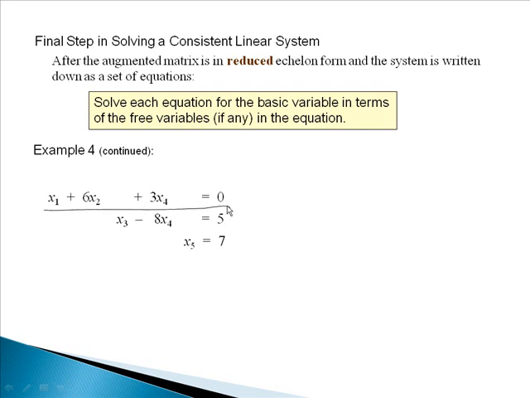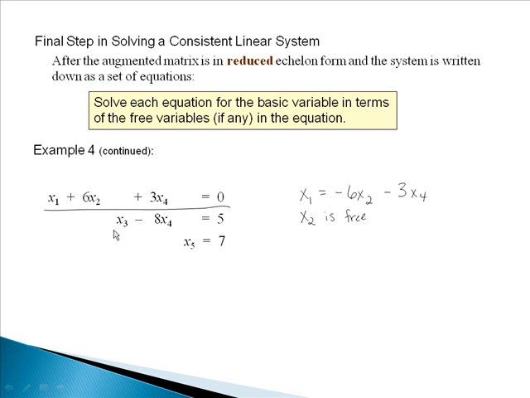In our first equation the basic variable is x1, and our free variables are x2 and x4. So we'll solve that. We'll get x1 equals negative 6x2 minus 3x4. And then we remember that x2 is free.